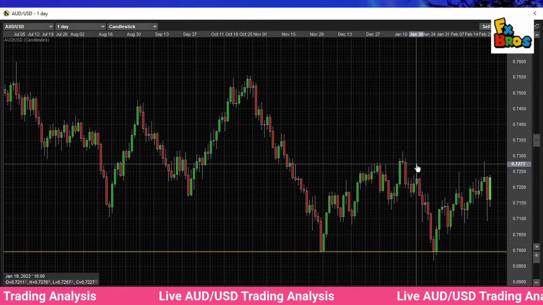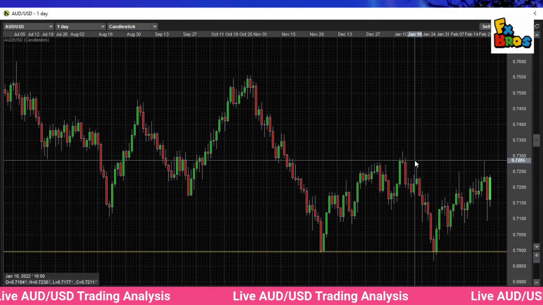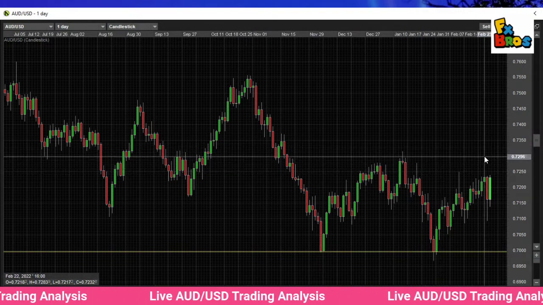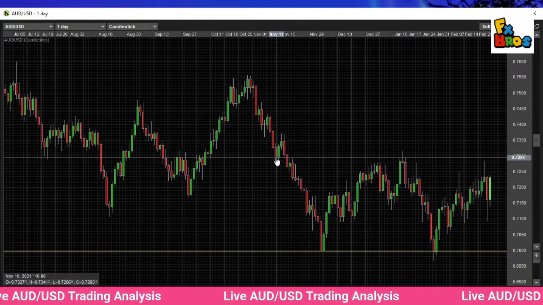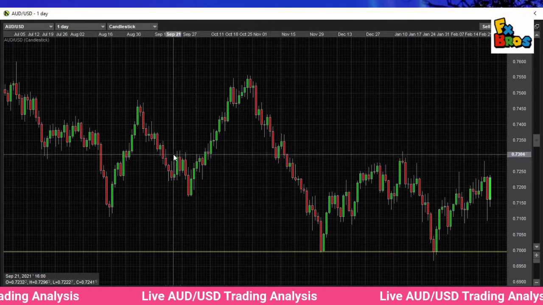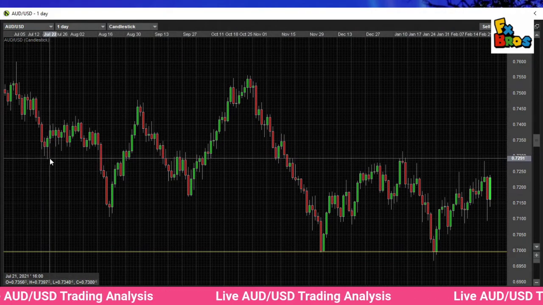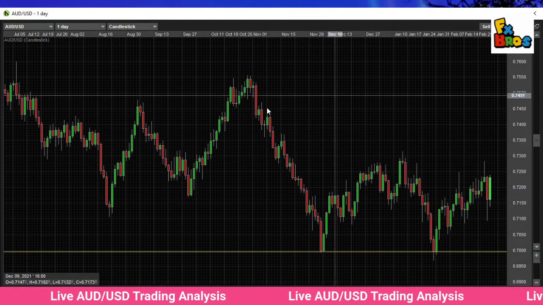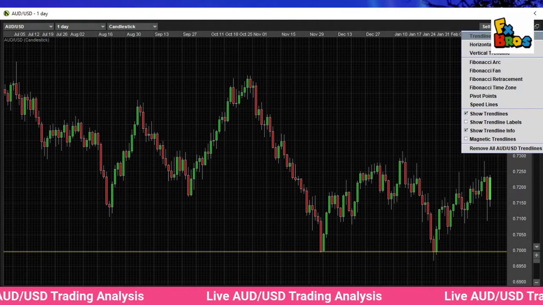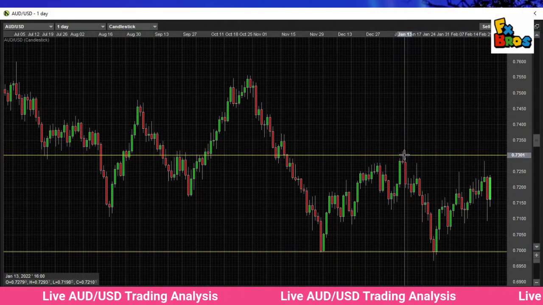So I would say right up in here, because we got a touch here, support here, resistance here, support here, and support here. So that's enough touches to validate this line as a nice resistance area. So we'll draw that right here.